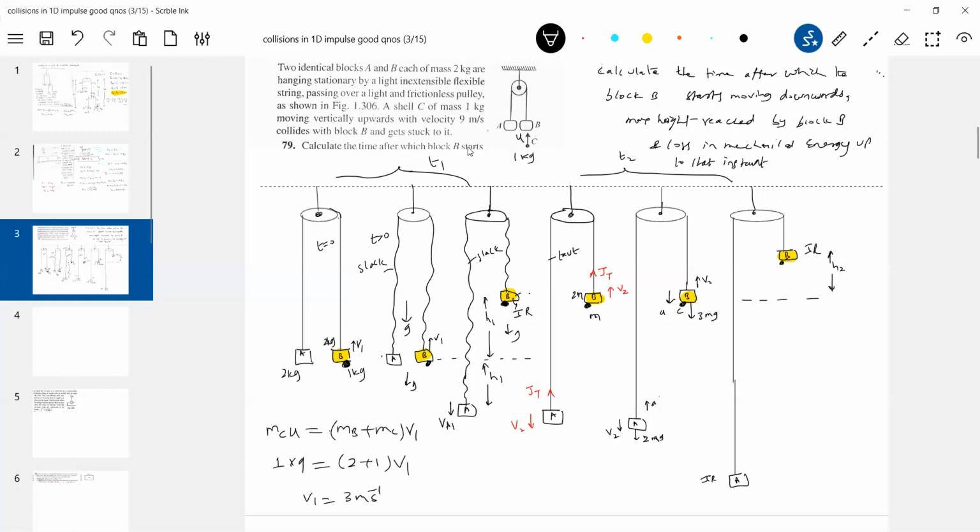So can we calculate T1? 0 equal to V1 minus g T1. Okay, T1 equal to V1 by g. So V1 we know, I'll get the T1. So T1 equal to V1 by g. So this will be 3 by 10, 0.3 seconds. I'll write everything here only. It'll be much easier for you. Then after getting T1, can we calculate VA1?